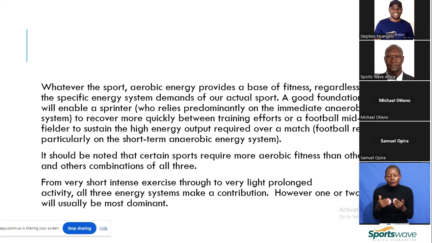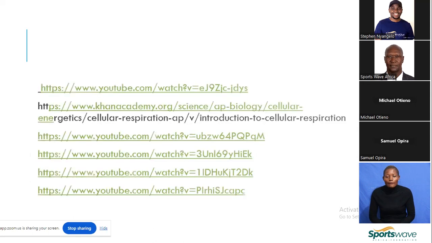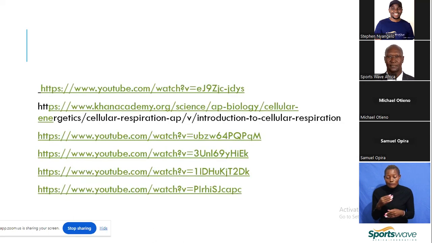And how do I train the phosphagen system to be able to achieve that performance that you want in that particular activity. And again, there are about 5 or 6 links there that you can go to and get this aspect clearly.